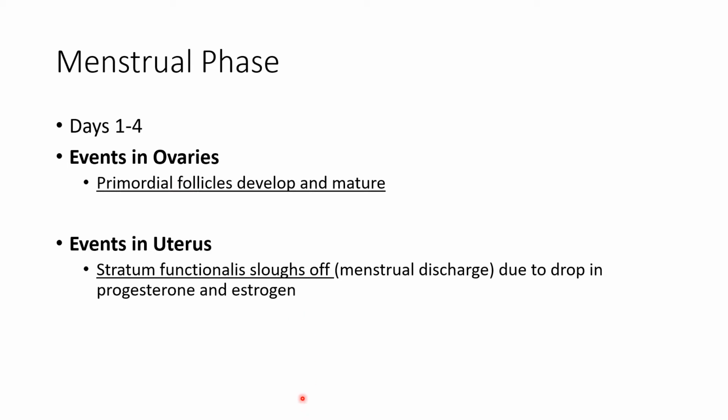Your period is where that innermost lining of the endometrium, the stratum functionalis, sloughs off, okay? By this point, there has been no fertilization. The layer has broken down because we now lack estrogen and progesterone.